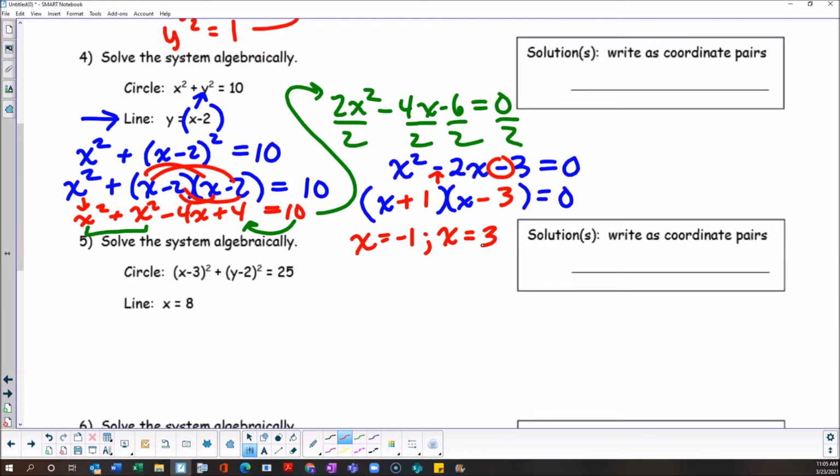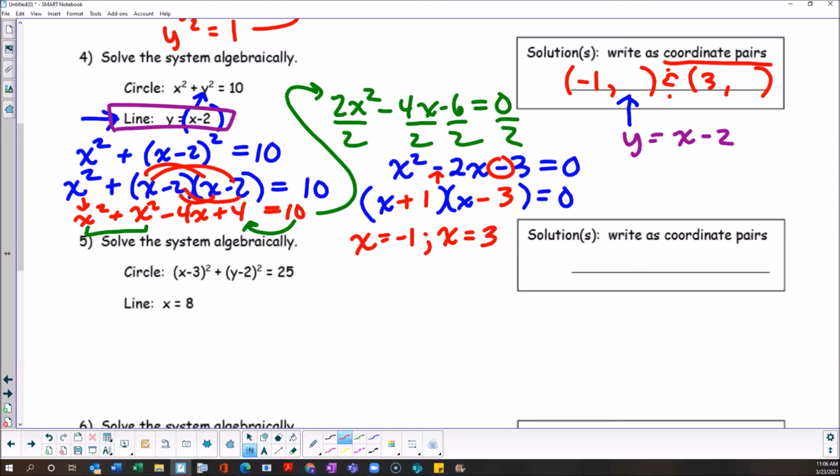Am I finished? Is that my answer? No, I have to write it as a coordinate pair. So I'm going to have negative 1 comma something and 3 comma something. So how do I figure out the y value that goes in there and in there? Yeah, perfect. So I'm going to go back to this guy, my line, and I said, okay, I know y equals x minus 2.